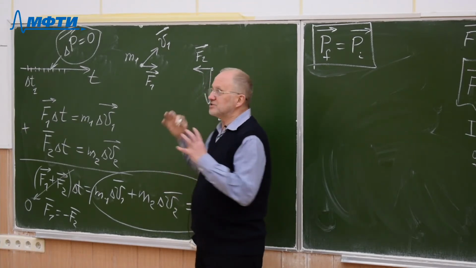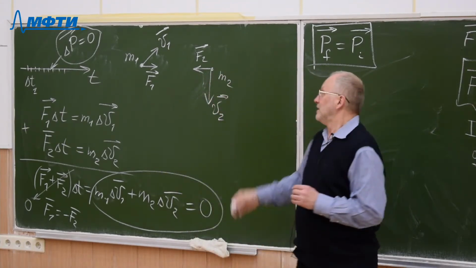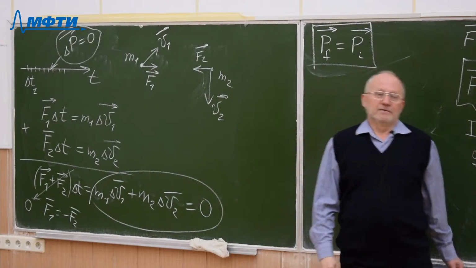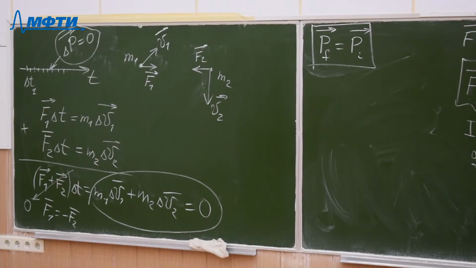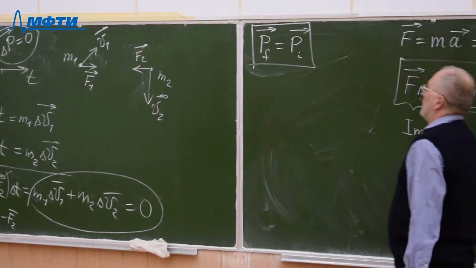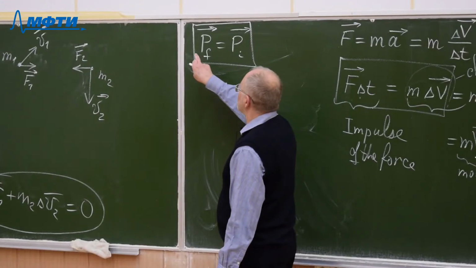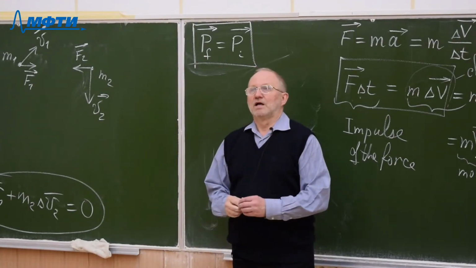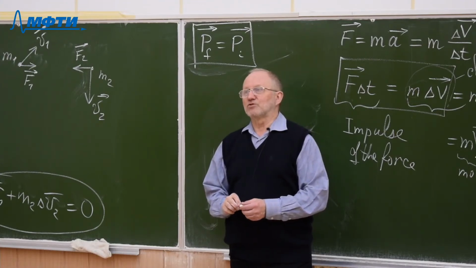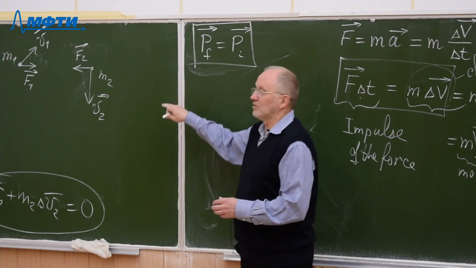If they interact only with each other, the result will be the same. The total momentum of the system of particles remains unchanged. The final momentum equals the initial momentum, if no forces from external objects act on this system of particles.